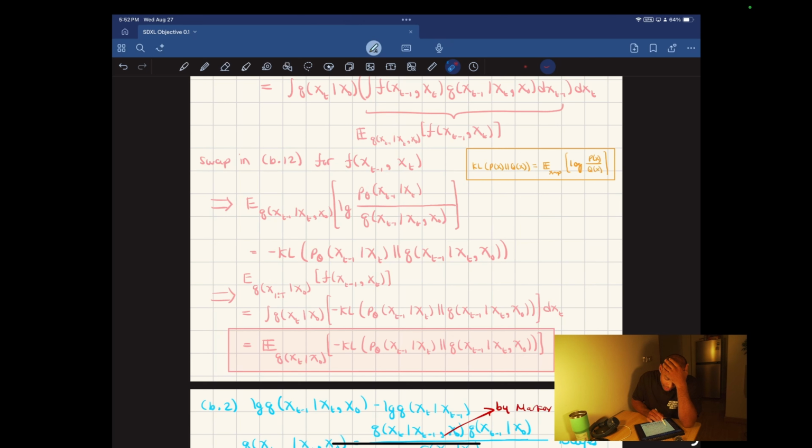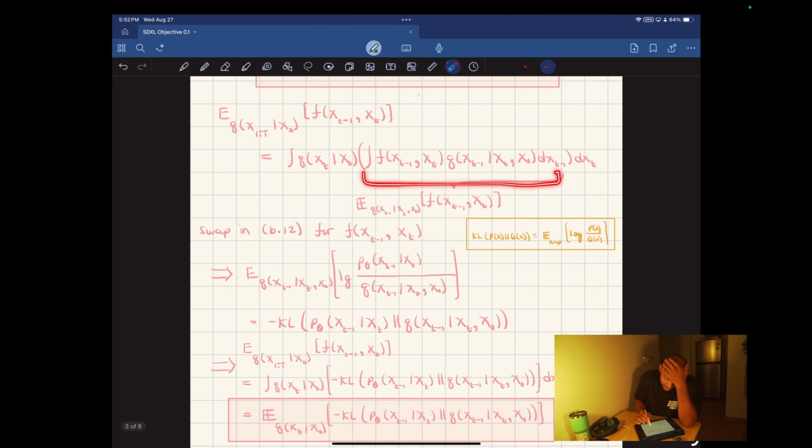So here we can see the Q should be on top if we want true KL divergence, but it's switched with the bottom. So this is just the negative KL divergence, okay?